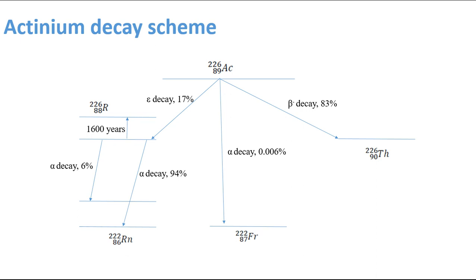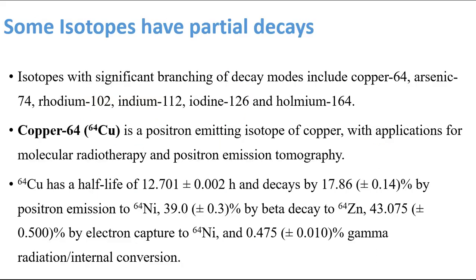The aim of showing this graph is just to understand the partial decay mechanism in one sample, and this is an example of the element actinium.